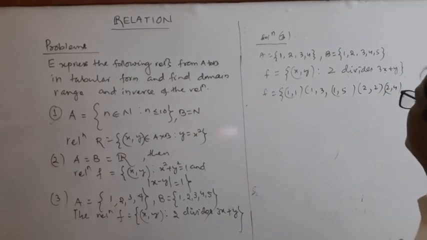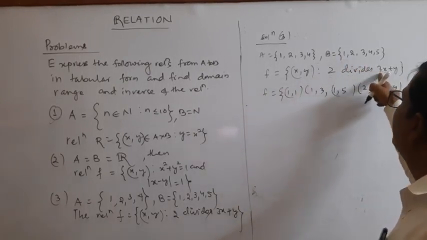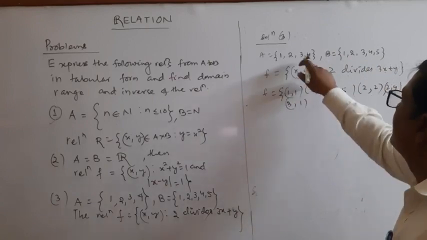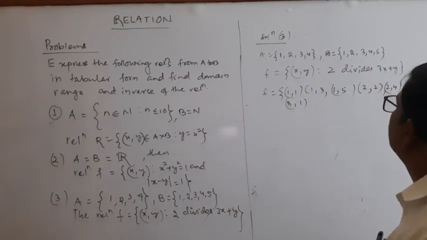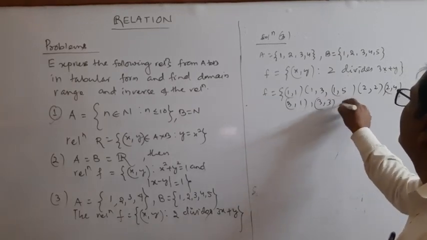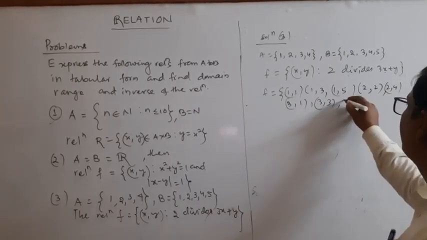So then 3: 9 plus 1, 10, (3, 1); 9 plus 2 not allowed. So (3, 1), (3, 3) and (3, 5).